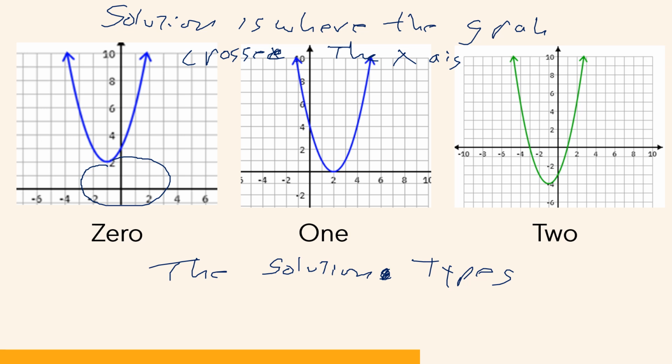One, depending on the equation, it may not even cross the x-axis. So there's no solutions. You could have one solution where it just touches the x-axis. So the solution for this one would just be (2, 0), or most often you'll just see it as 2. And the other possibility is it crosses your x-axis twice.